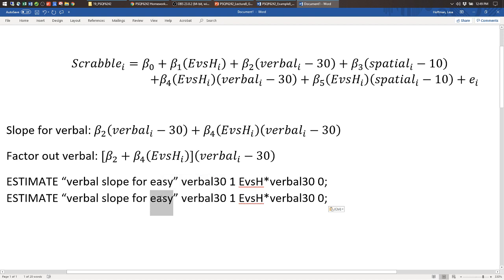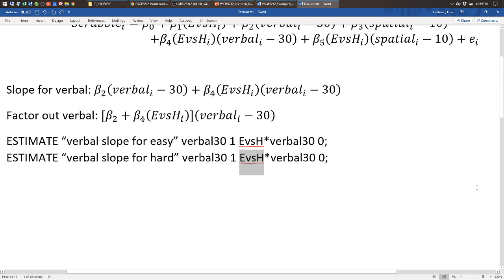Okay, so if I have hard, the first part stays the same, but now what number, based on my coding scheme, do I need to put here? It's 1. Yeah, so if you're using 1 and 2 instead of 0 and 1, your answers are not going to work. So make sure it's the 0, 1 version of the variable, and a 1 goes there.